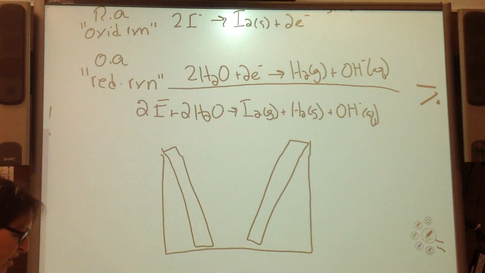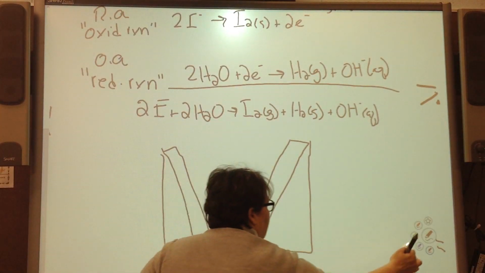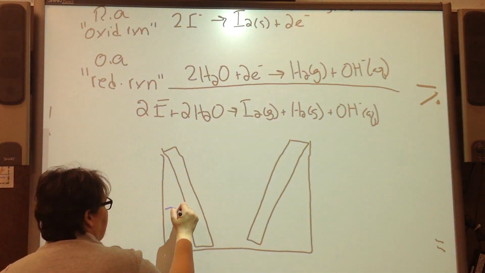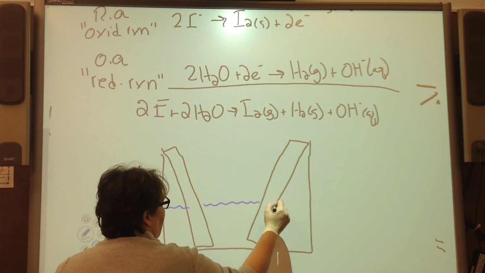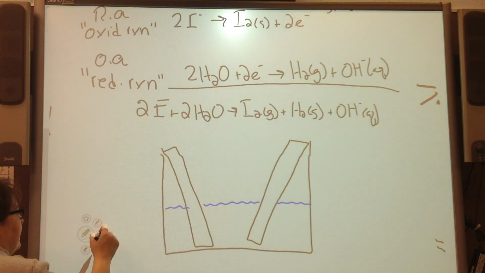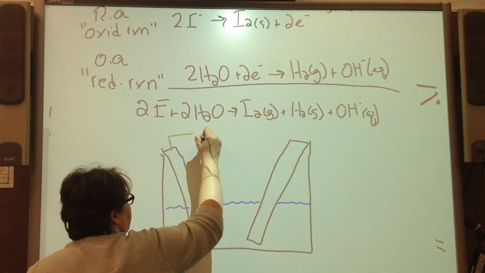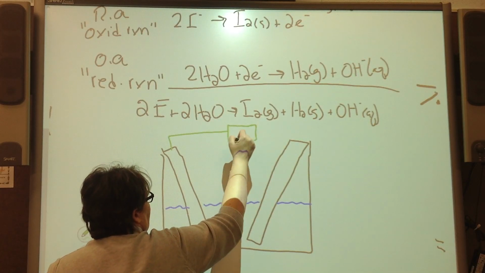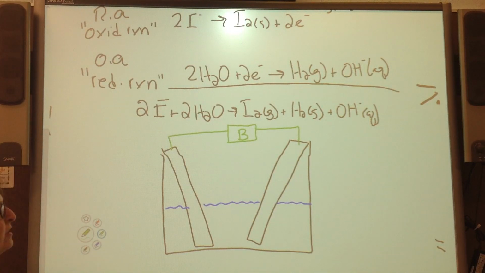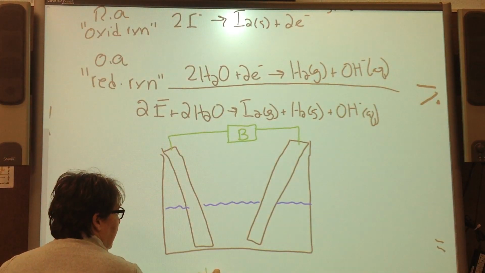Okay, so we have our electrodes. We have our solution. We know that it has to be joined by a battery. And we know that this is an electrolytic cell.